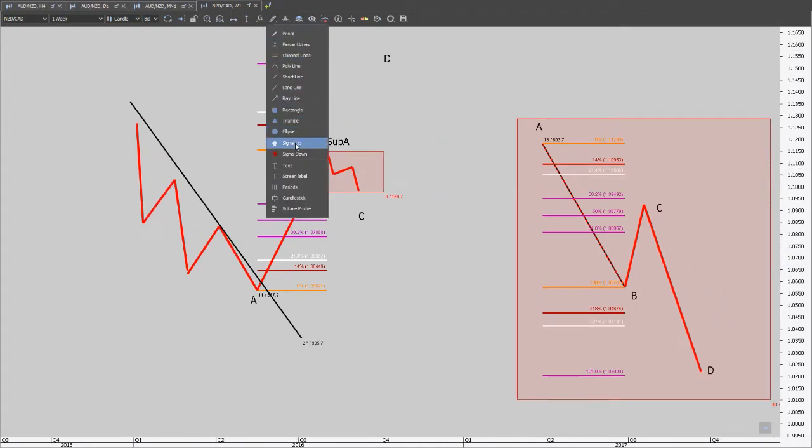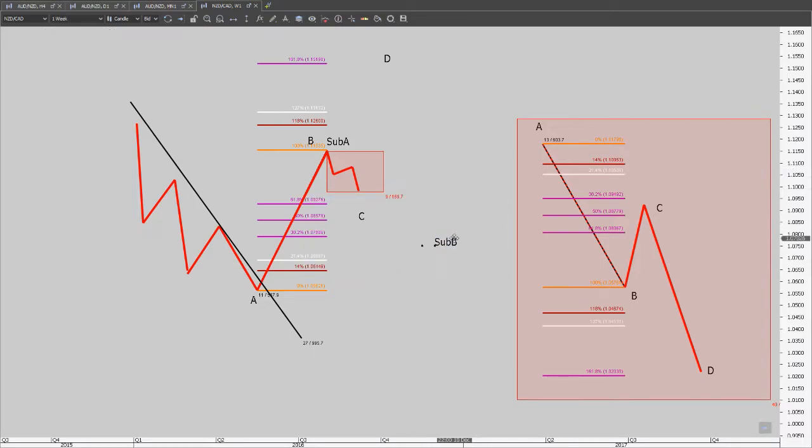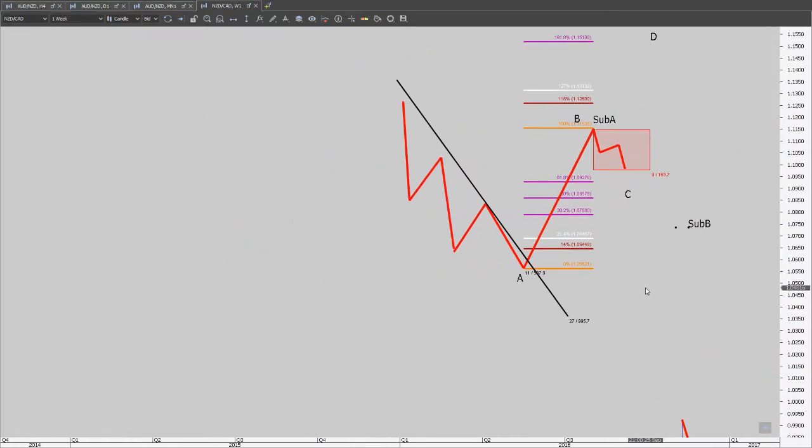Now, where is or what is the sub B? If you think about the rules of the original down Fibonacci, what is the B? The B is the first low as soon as possible after the A. And when you are drawing the contrarian Fibonacci, where is the sub B? Well, the same rules.